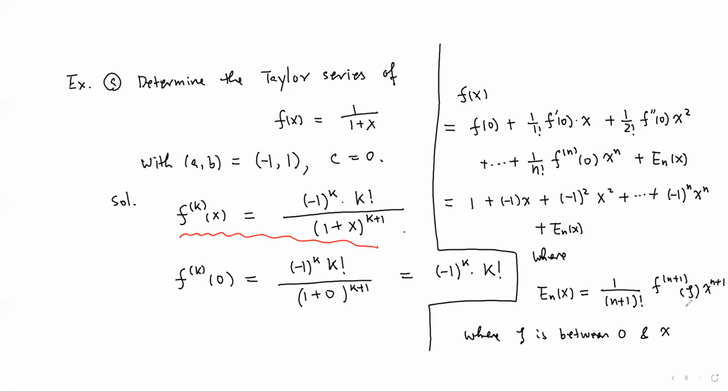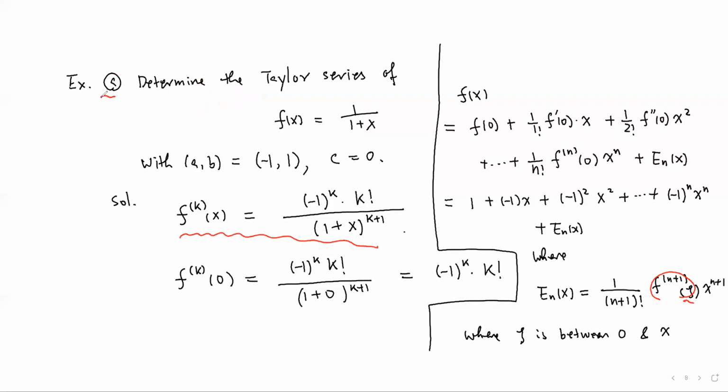Plug in psi for x, then I get this derivative. Let me write on the next page. So E_n(x) is equal to (negative 1) to the n plus 1 over (1 plus psi) to the n plus 2, times x to the n plus 1. This is part A of this example.